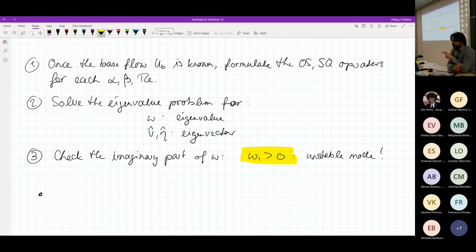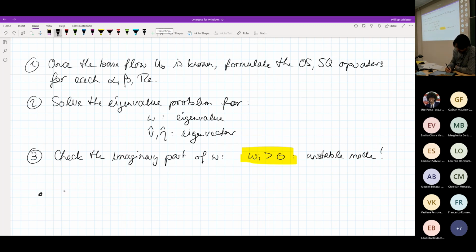And there's two relevant considerations that we can make, where we will see that we, in fact, only need to solve for alphas, not for betas. So there's two main comments here.